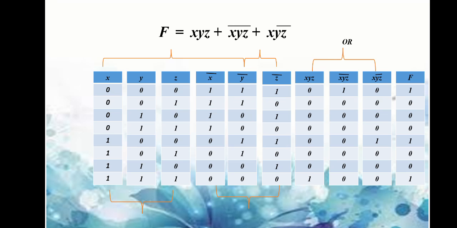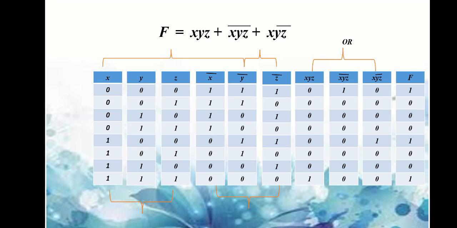So here you can see in the xyz, x NOT y NOT z NOT and x y NOT z NOT columns, that in the first row the output is 1, because if at least one input is 1, then it will give you output 1. In the second row all are 0, so 0. In third all are 0, again 0. In fourth all are 0, so it will give you 0.